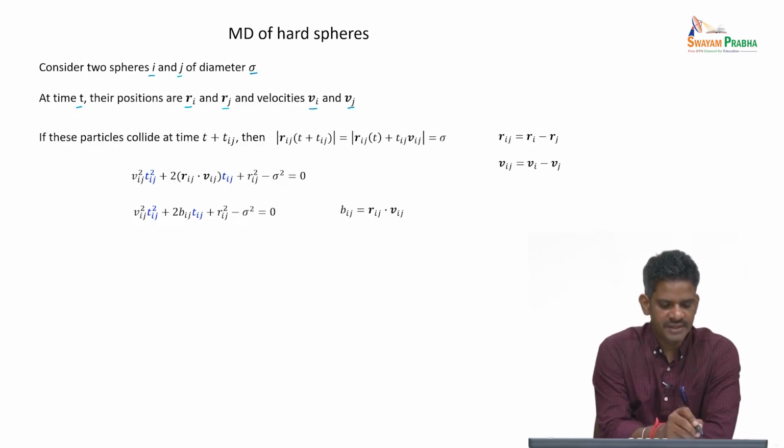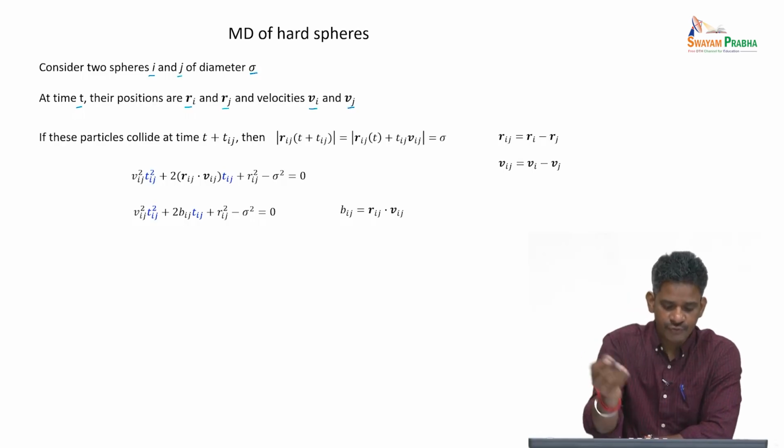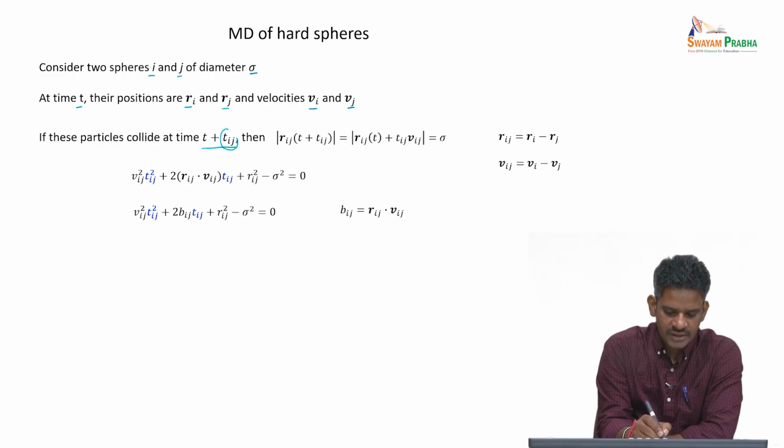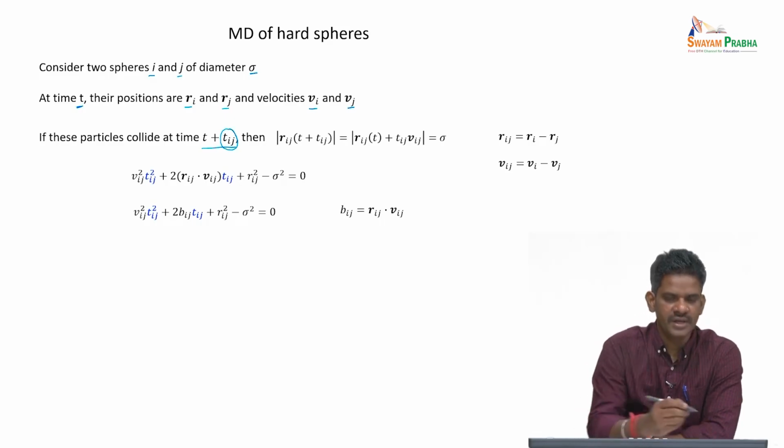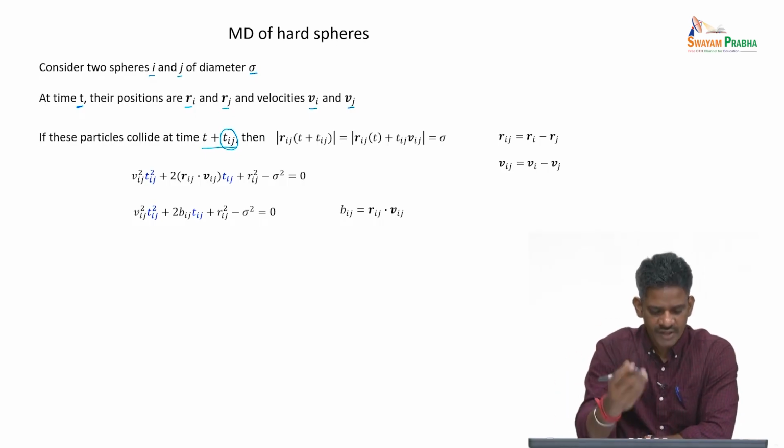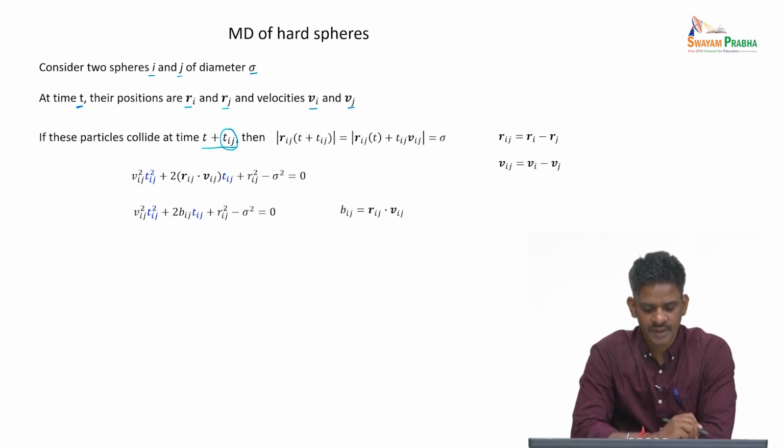Now, if these particles i and j were to collide at some future time t plus Tij, so this Tij here is what I call the collision time of pair i and j. So we have the information at time t, and now we are looking at the future, at some point of time t plus Tij.